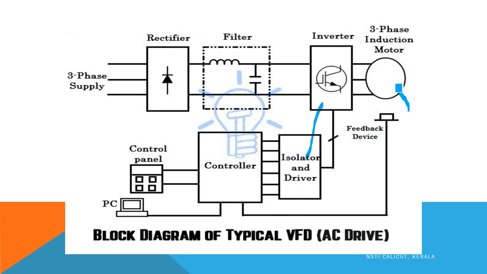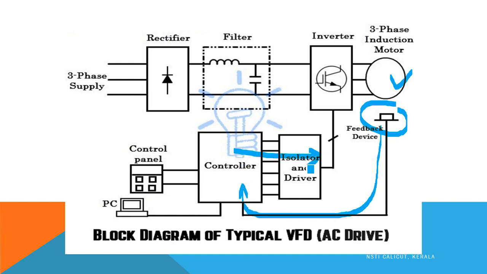Due to load being added or removed, the speed may increase or decrease, and the feedback device will sense the speed right now, and if it is more than the set speed, it gives information to the controller, and the controller controls the driver, and the driver finally adjusts the speed to the requirement.